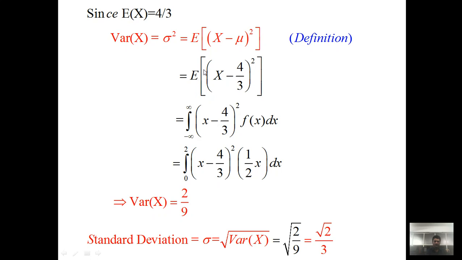According to the definition of expectation, it is the integral from minus infinity to infinity of x, but in place of x we have this inner bracket, so (x minus 4 by 3) whole square times f of x dx. Remember, this is just the definition of expectation, because we know that E of X is the integral from minus infinity to infinity of x into f of x dx. So in place of x, we write this here. It's just the definition.